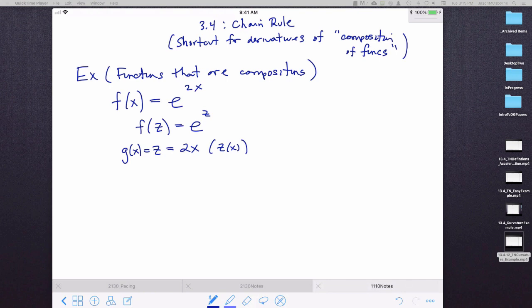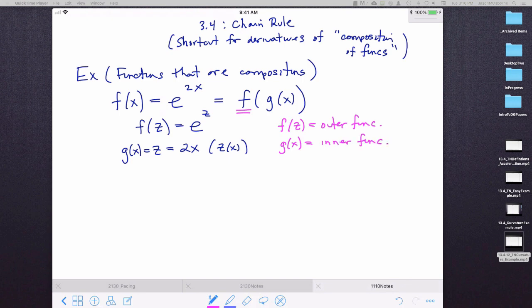So I'm seeing e to the 2x as a composition of two functions, where those functions are f of z, the outer function. Let's call it the outer function. It's the function that is on the outside, f on the outside. And then g of x, this is called the inner function.